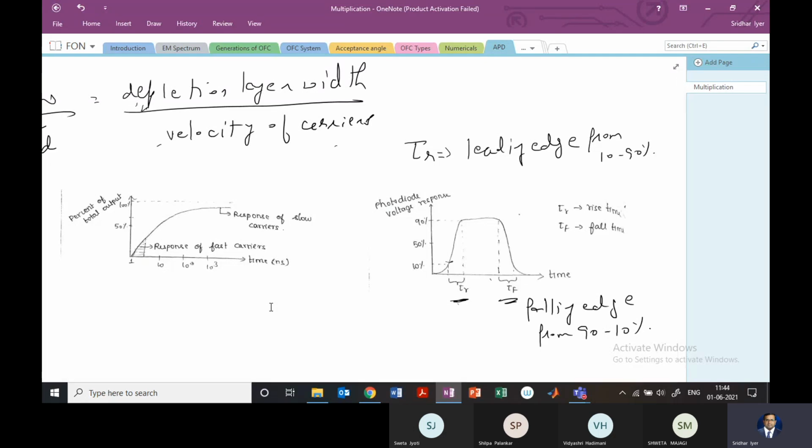You can see that the fast carriers will affect initially, and they will ensure that most of the multiplication will occur as fast as possible, and it allows the device to rise to about 50% in a very short time, right? So in a few nanoseconds the device will reach 50% of its output, whereas slow carriers will cause some long delay before your output is reached.